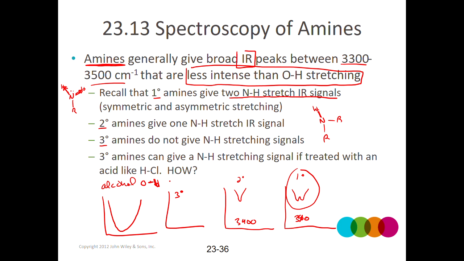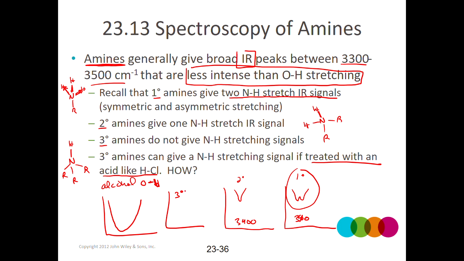Should be aware that if you add an acid, that can change all of this, because adding an extra proton can change the ways that these things stretch. And for a tertiary amine, which normally wouldn't have a proton on the nitrogen, protonating that lone pair will cause a stretch.